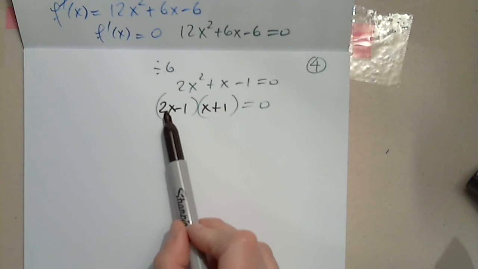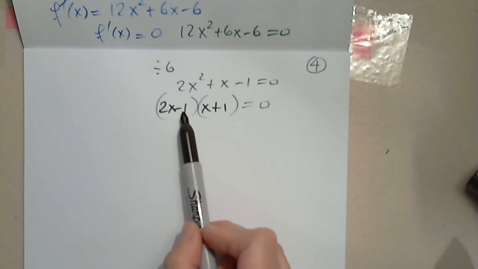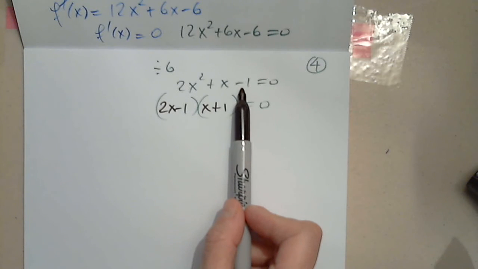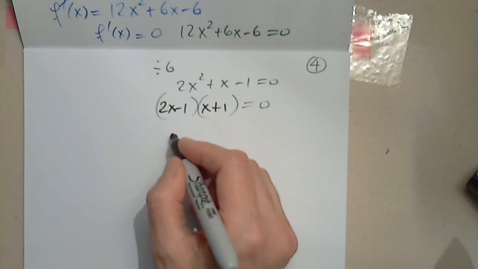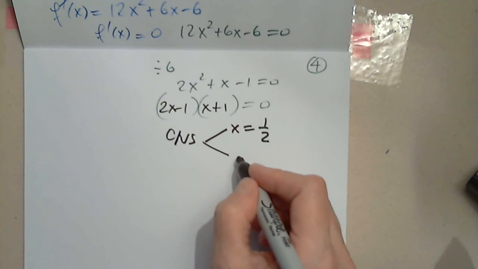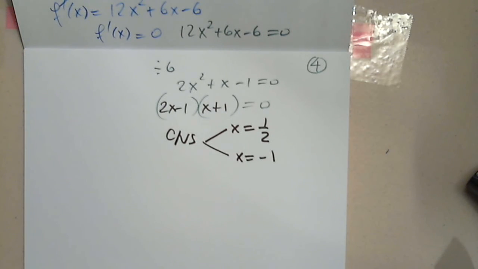So let's check. 2x squared, positive 2x, but minus x. And negative 1 times 1, negative 1. So we have 2 critical numbers. One which is 1/2, and the other one which is negative 1.